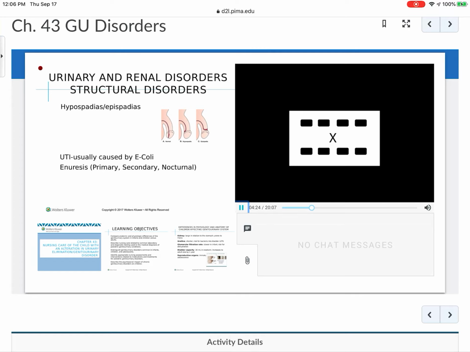Some of the structural disorders we see in boys are hypospadias and epispadias. So hypospadias is an opening on the ventral surface rather than at the end, and epispadias is the opening on the dorsal surface. Either way, it needs to be repaired. If it's left uncorrected, then they may not be able to aim a urine stream from the standing position. Typically, it's repaired.